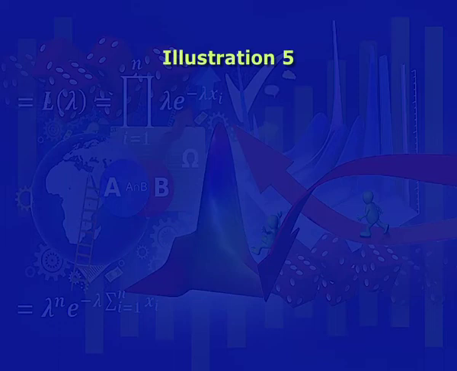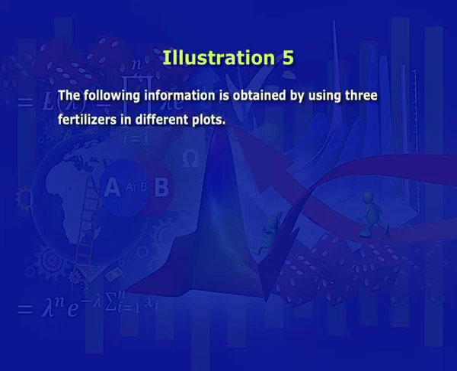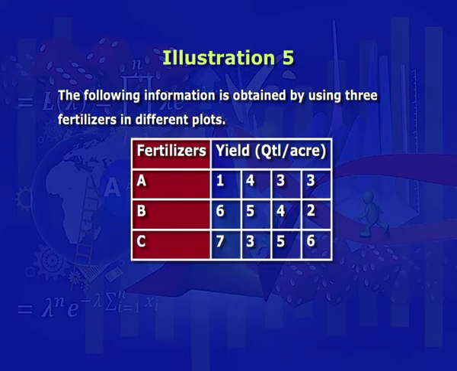Illustration 5. The following information is obtained by using 3 fertilizers in different plots. Here we have given 3 fertilizers A, B and C and corresponding yield in quintal per acre given in 4 plots. For fertilizer A, the values are 1, 4, 3, 3. For fertilizer B, values are 6, 5, 4, 2.